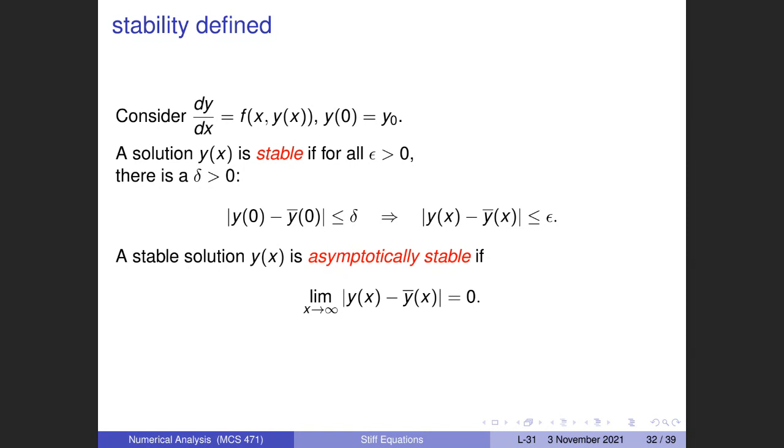We say that the solution to a differential equation, or to an initial value problem, is stable if we have this definition of continuity. We can make any approximation as small as we like by picking our initial values appropriately close. The way to read this definition is that we have an epsilon. So we want to have a certain accuracy at the end of time.